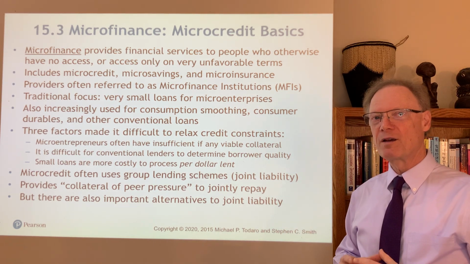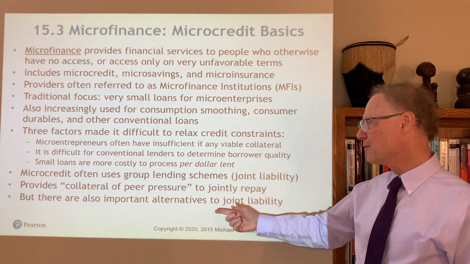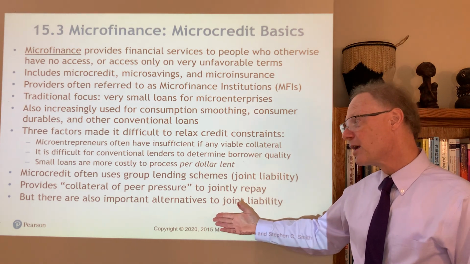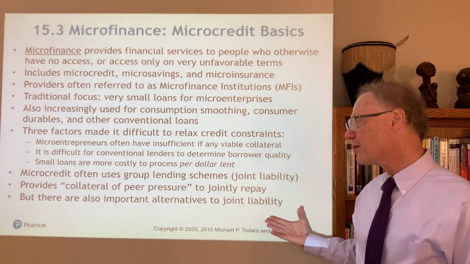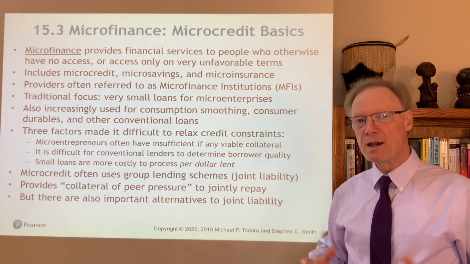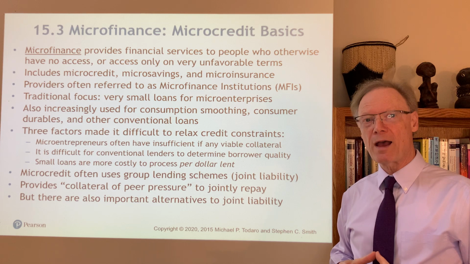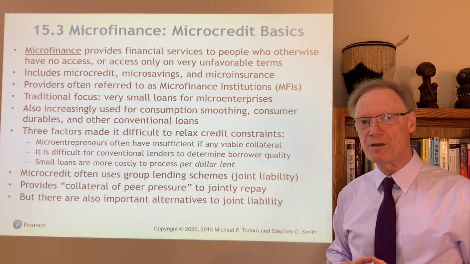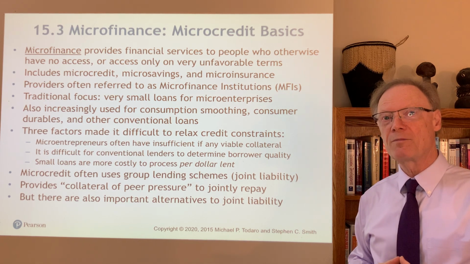It makes it cheaper to lend, even in these smaller amounts. On the other hand, there are also now some important alternatives to joint liability that are increasing as an overall practice in microfinance institutions, and we'll examine those in the next episode.